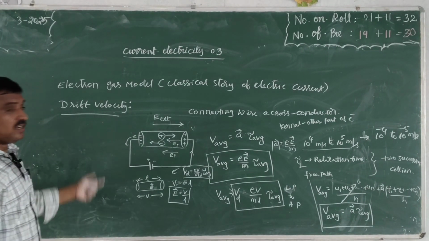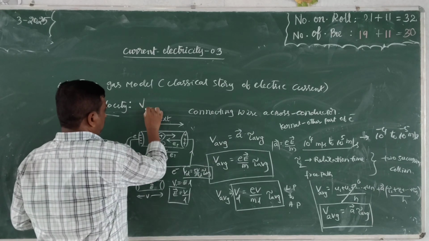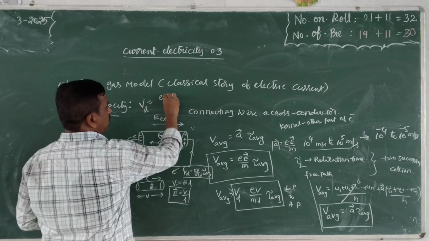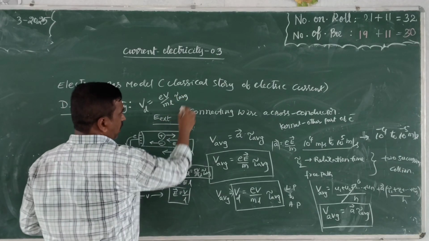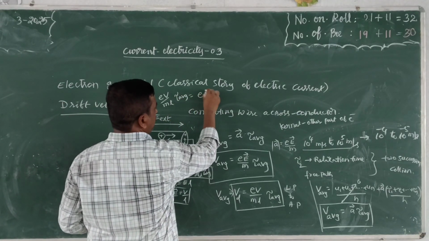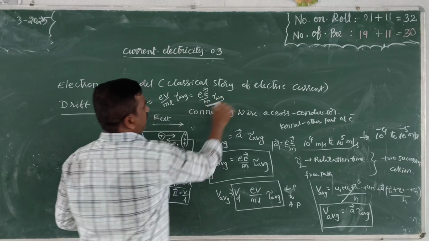We call it drift velocity. So the drift velocity formula is Vd equals eV by mL tau average, or we can write capital E by m tau average. It is the formula for drift velocity.